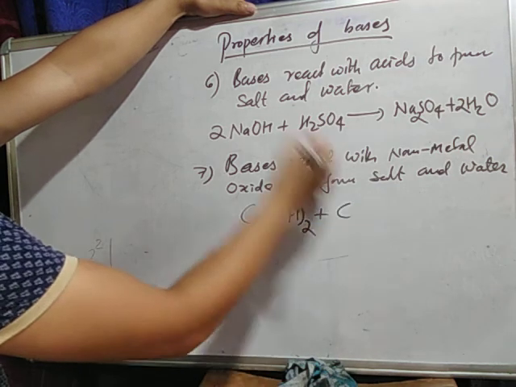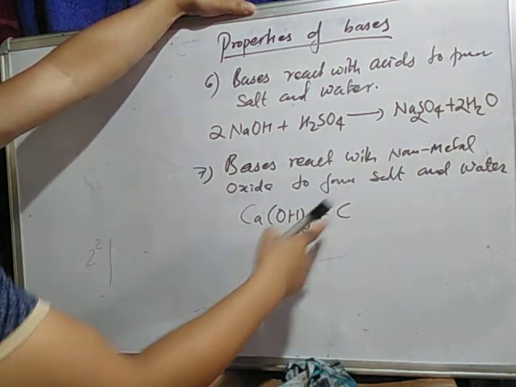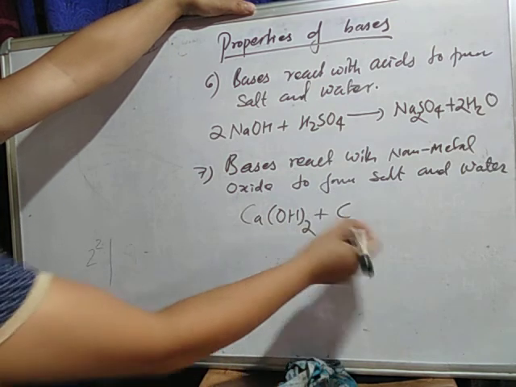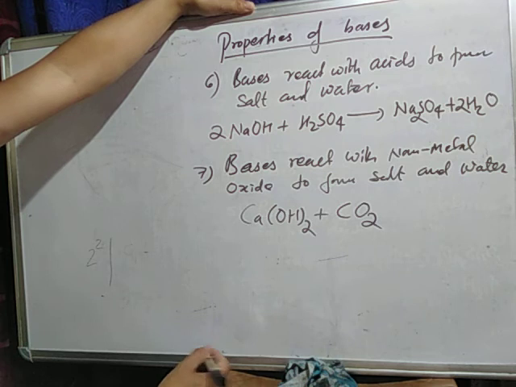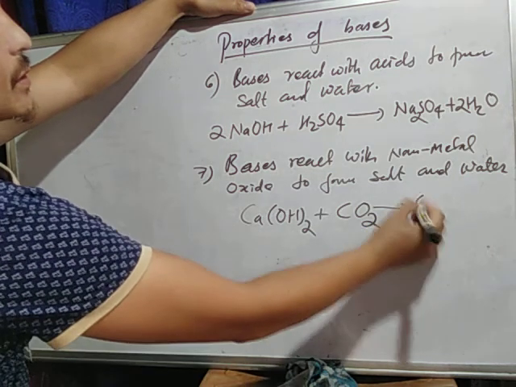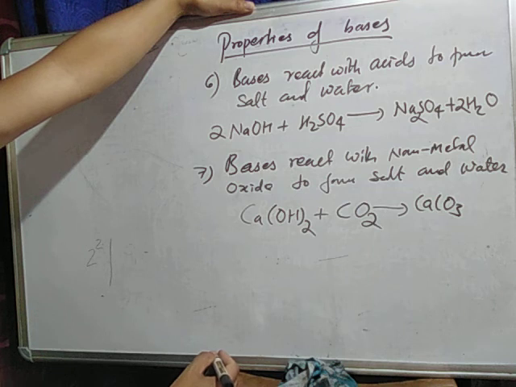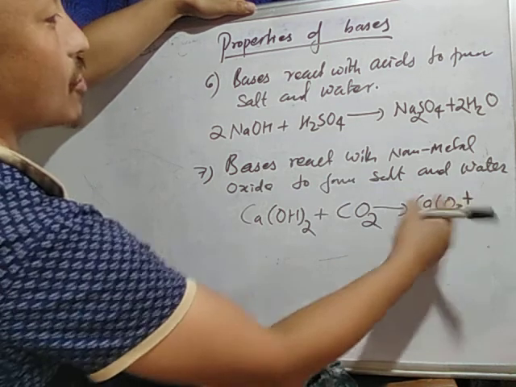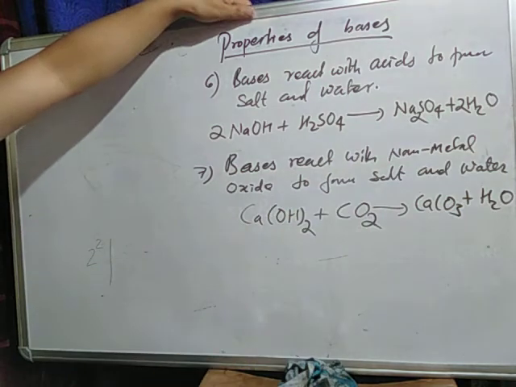So react with non-metal oxide, non-metal carbon, isn't it? Oxide is your CO2, carbon dioxide, isn't it? Gives CaCO3, that is your calcium carbonate, plus it is your salt plus water. This is your salt, isn't it?